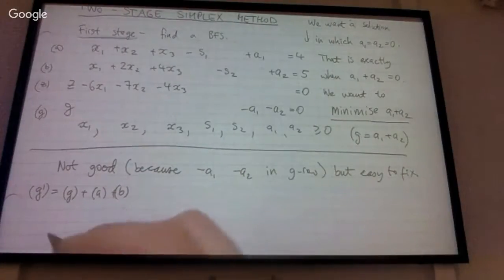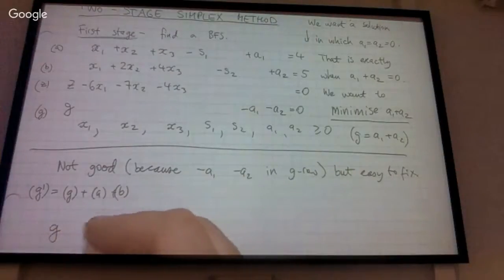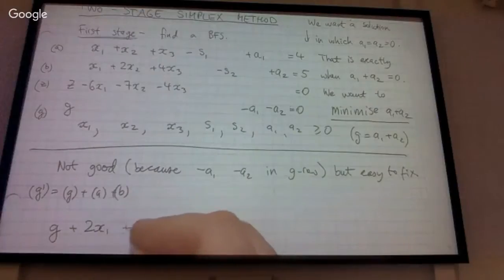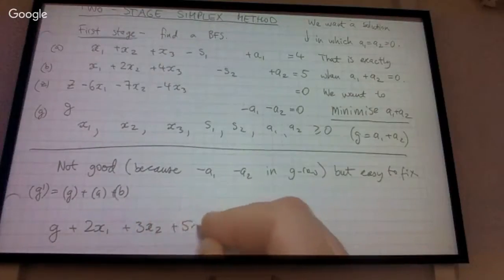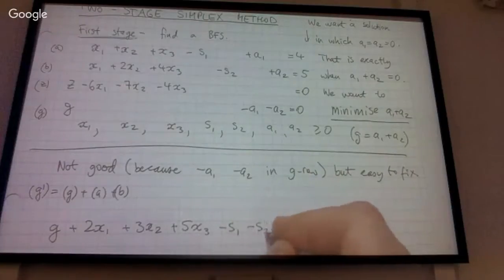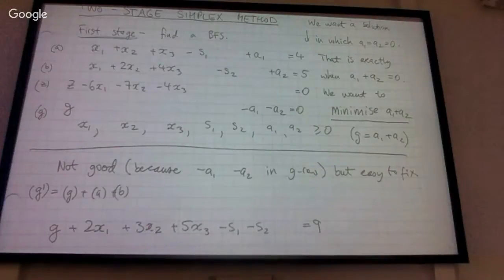So what I get is G plus 2x1 plus 3x2 plus 5x3 minus S1 minus S2 equals 9. Do you agree? Okay. Thank you.